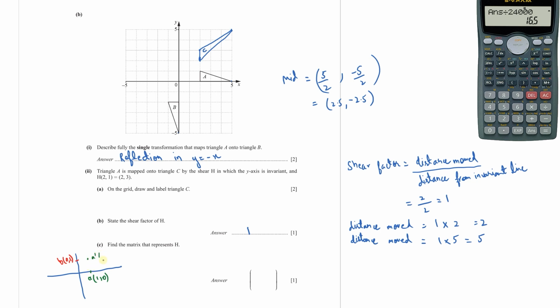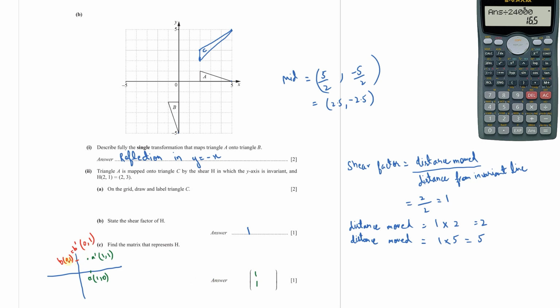So A dash will be what? (1, 1) on the y-axis, right? So your first column is simply (1, 1). Now you look at the other point, B. B lies on the invariant line, and we know that points on the invariant line do not move. So B equals B dash, which is also (0, 1). So B will not move anywhere.